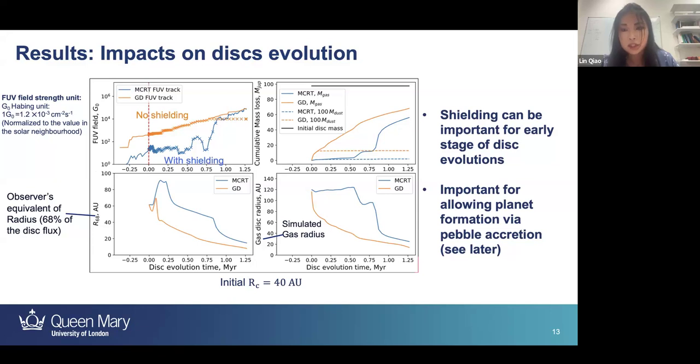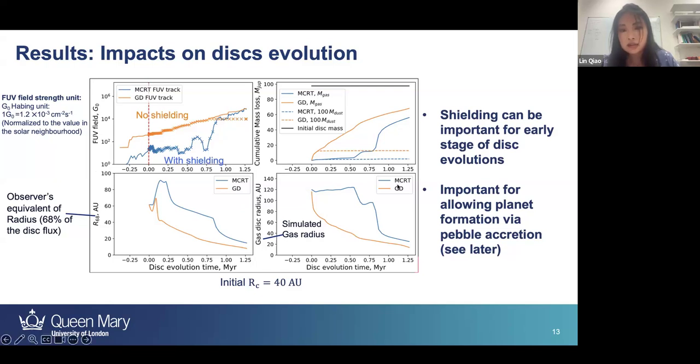Now on the right-hand side, the top and bottom panels show the cumulative mass loss on the top and the evolution of disk radius for the same disk, evolved under external photoevaporation with or without counting the impact of the cloud shielding.